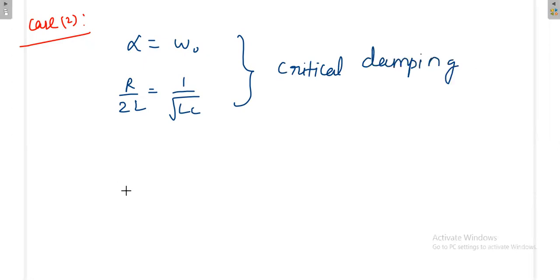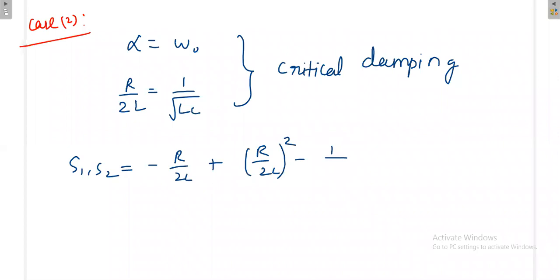Then what could be the solution? If both are equal, what is the generalized formula? S1, S2 is equal to minus R by 2L, plus or minus the square root of (R by 2L) whole squared minus (1 by square root of LC) whole squared.